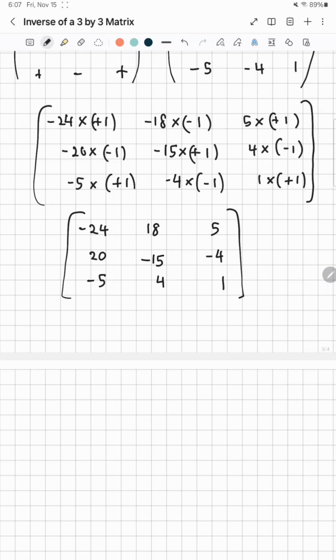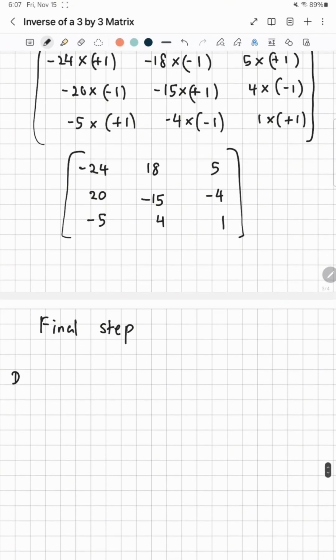And then this matrix, what you do at the end is you multiply it with 1 over the determinant. So let me just write it down. Final step: 1 over the determinant into the matrix.